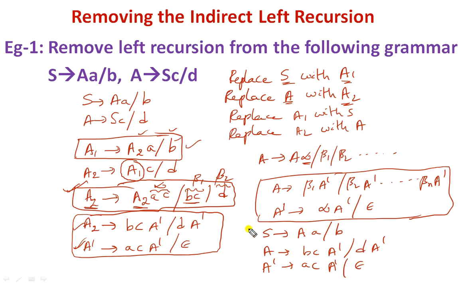So these are the finalized production rules in which the left recursion is completely eliminated.